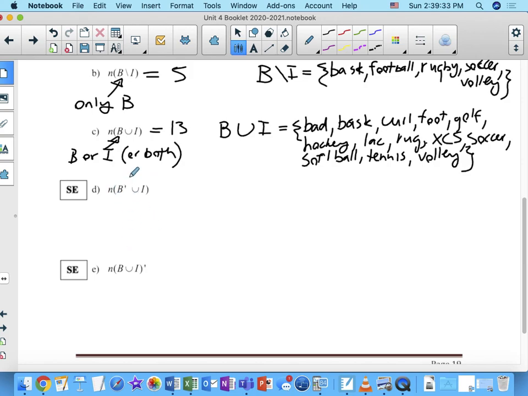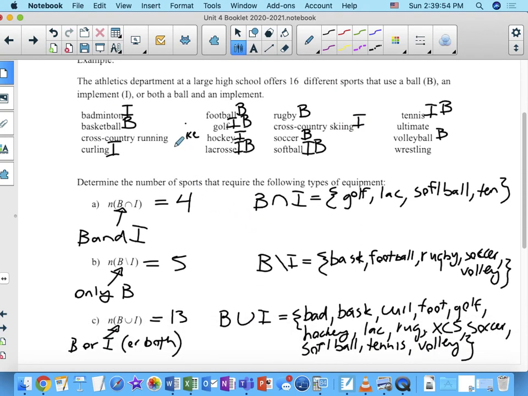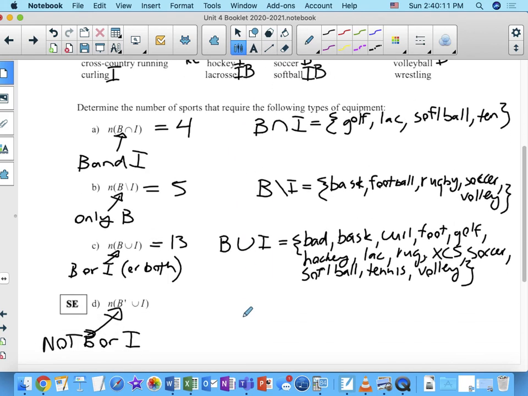Not B or I. Not B, can't be B, or it can be I. Now because it's not B or I, if it has an I and a B, like golf, that is something that we can count because it satisfies the or I part. So even though it's a B, it does satisfy this or I part.